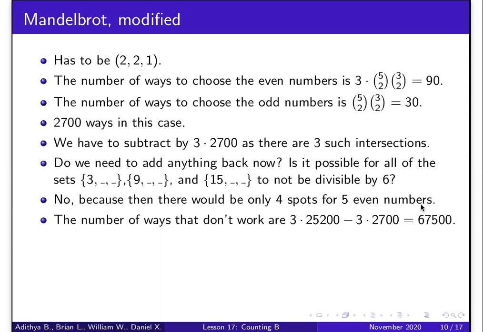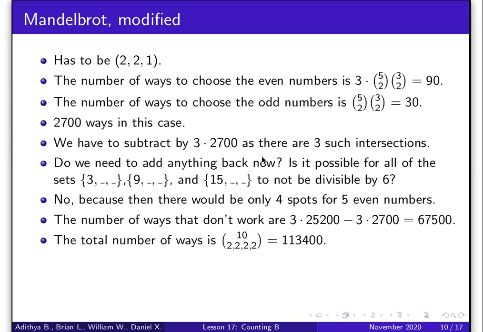67,500. And now we just have to find the total number of ways that we were considering. So remember, we already put all the multiples of 3 in the sets, and we were just choosing the places for the last 10 elements.